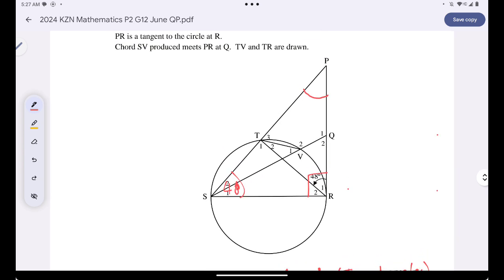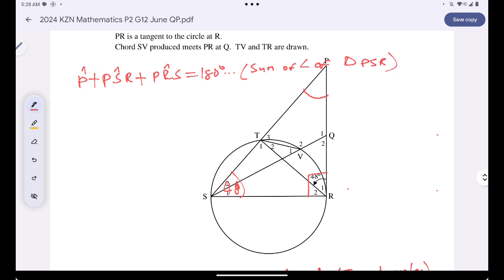I can simply say angle P plus PSR plus PRS should add up to 180, sum of angles of triangle PSR.